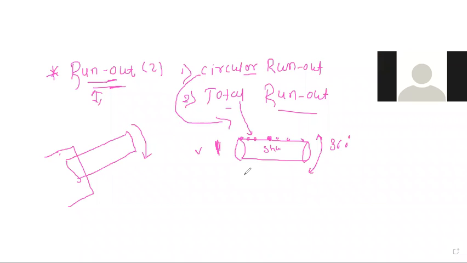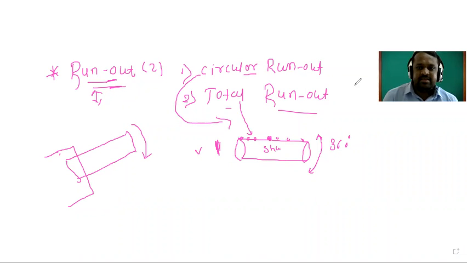Okay. Then see here how to represent it symbolically. The circular run out is indicated by this symbol, and the total run out is indicated like this. Okay, so understood? Yes or no?